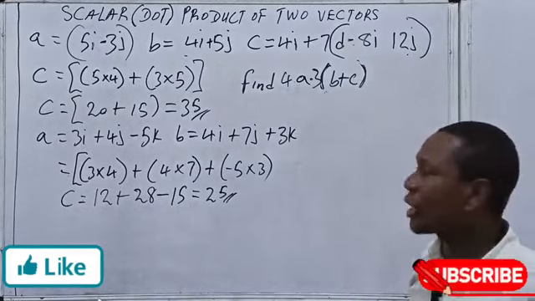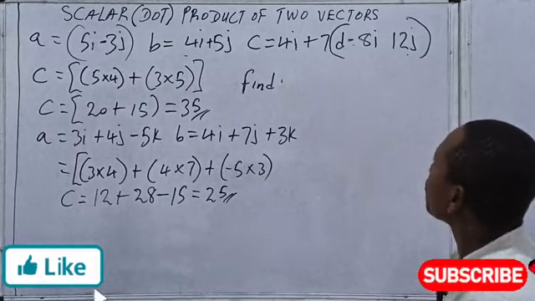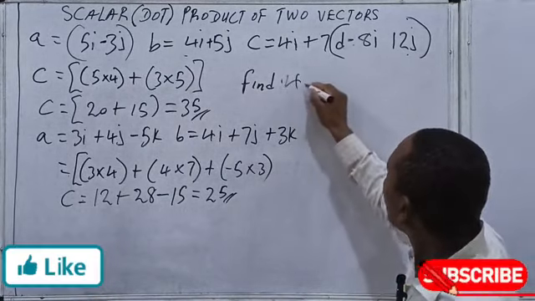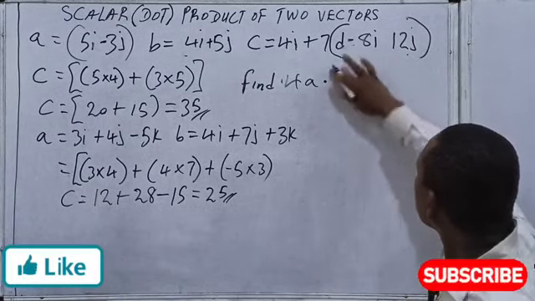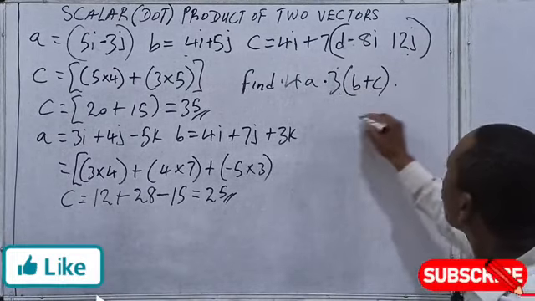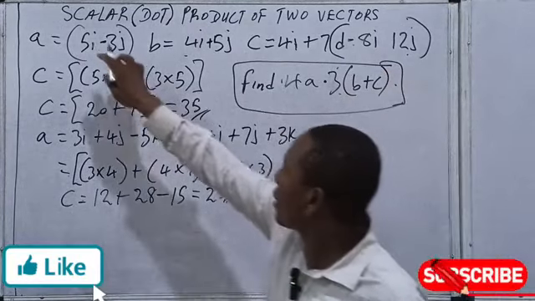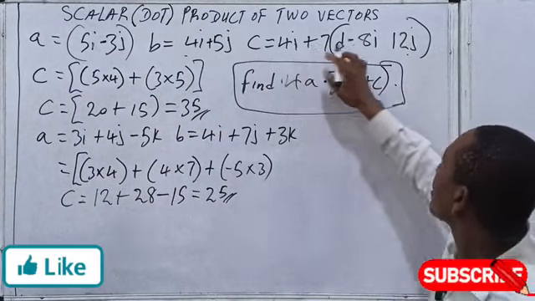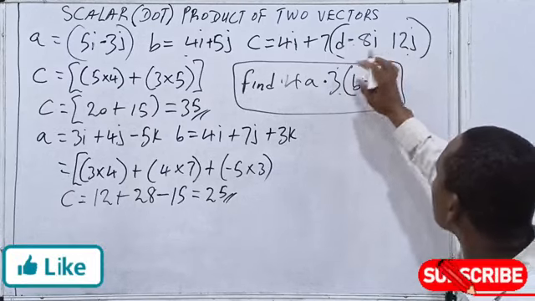Look for the dot product and drop your answer in the comment section. Let me put it well: dot product of 4A with 3 times B plus C. So look for the dot product of this. Remember, this is A, this is B, and this is C. You can decide to solve for D yourself, like look for the sum of this yourself.